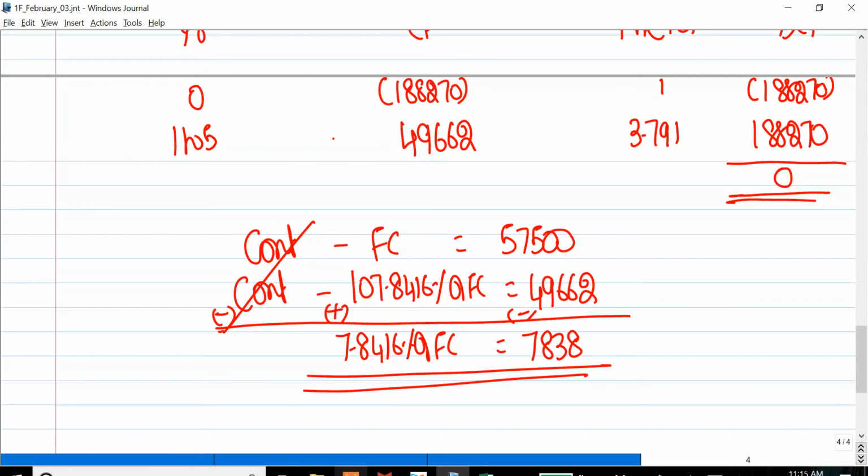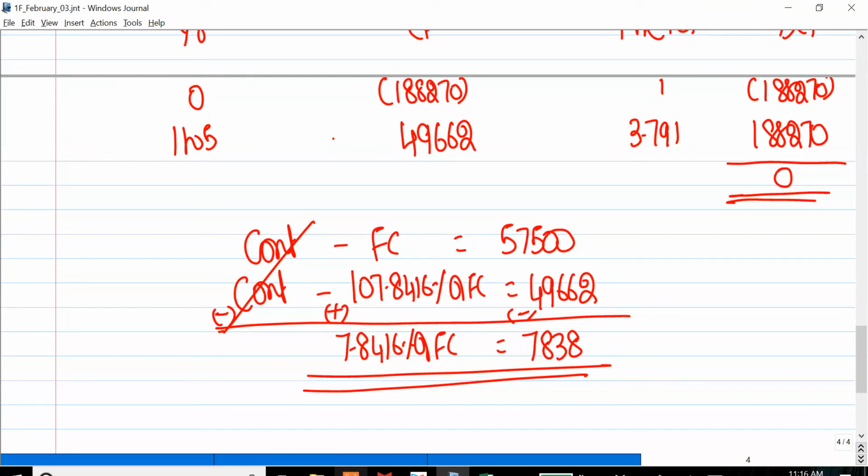The amount of reduction in annual cash flow is 7838, that is 57,500 minus 49,662. Clear?